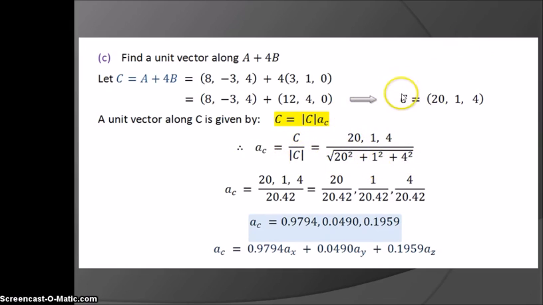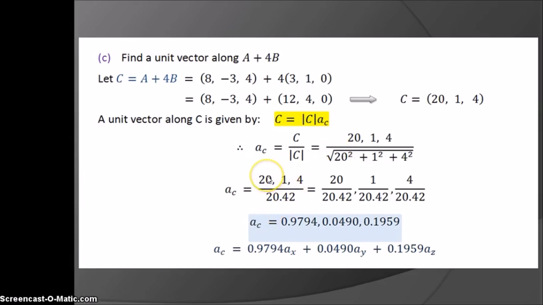Remember that C is the whole of this, a plus 4b, so it is this all over the magnitude of a plus 4b. You simplify this to give you 20, 1, 4 all over 20.42.